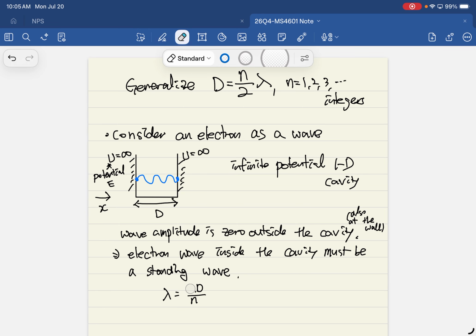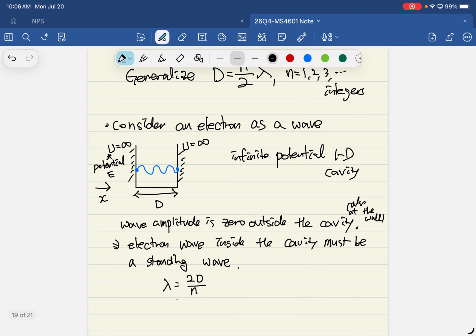I'm just expressing this in terms of wavelengths. Here lambda is the wavelength of the electron, and n must be integers, just 1, 2, 3.